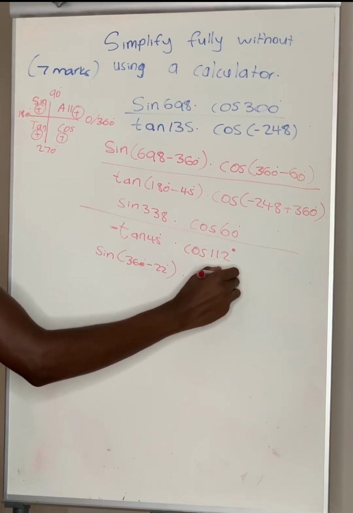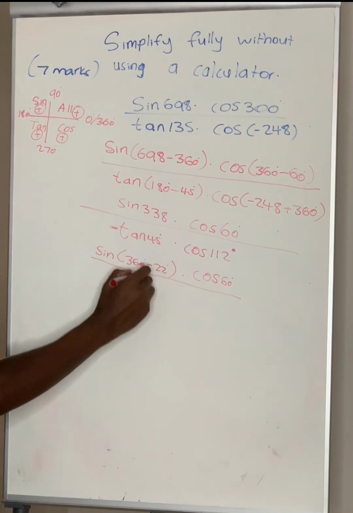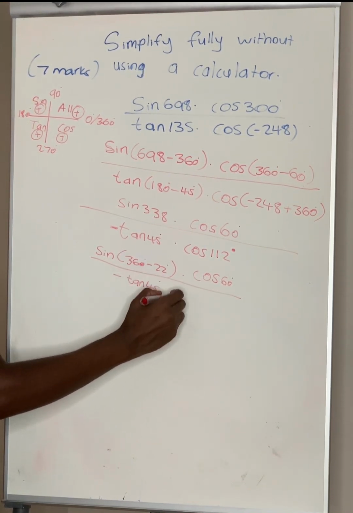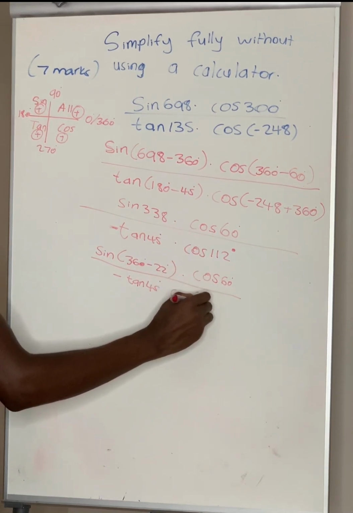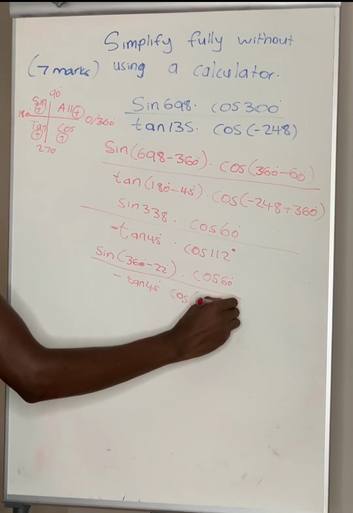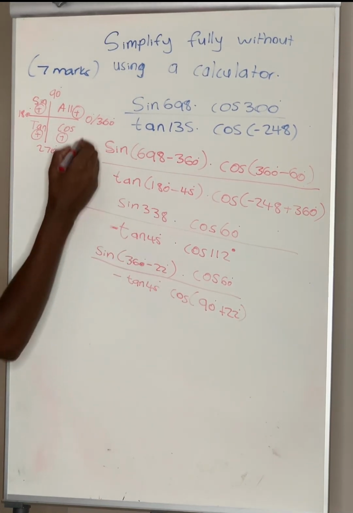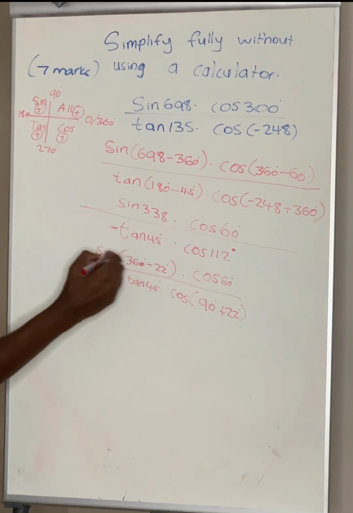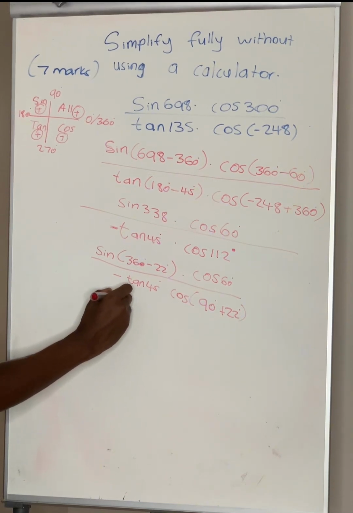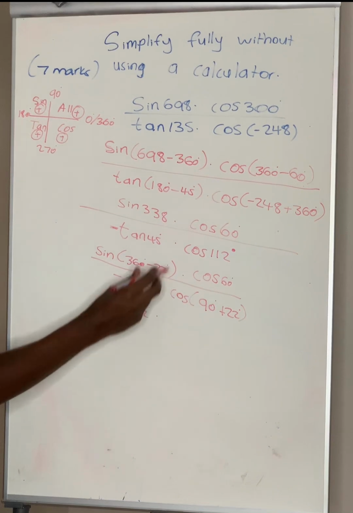So cos 60, and then all of that is divided by negative tan 45. Cos 112 is the same as cos of 90 plus 22 degrees. Okay, 360 minus 22, you land in the fourth quadrant. Only cos is positive there. We have sine here, so it's going to be a negative sine 22 degrees multiplied by cos 60.